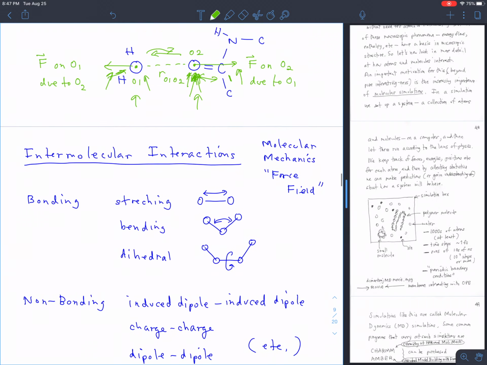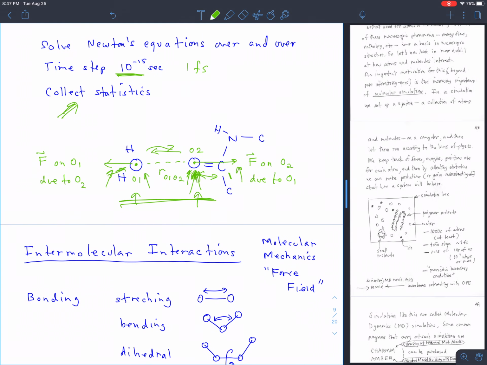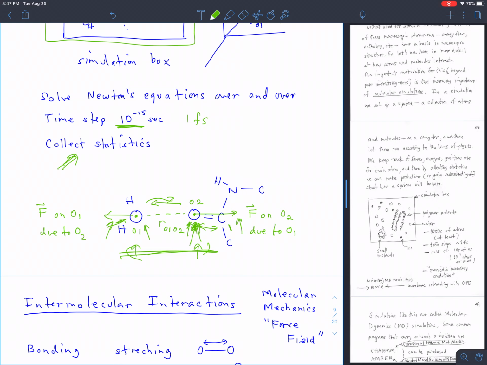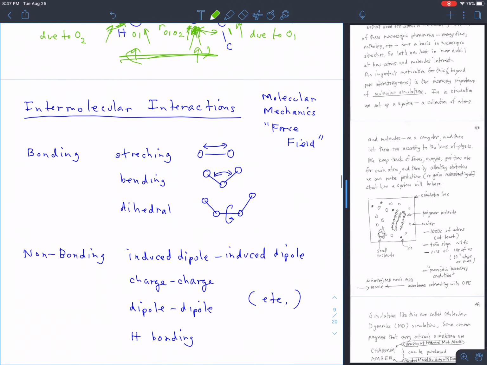All right, so these forces are what we're going to talk about. We're not going to really talk about the simulations. That's another topic for another class, and a pretty complicated one too. So we just don't have time to deal with that kind of thing in this class, but we can talk about the intermolecular interactions.